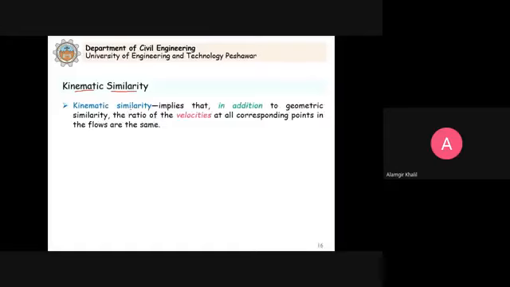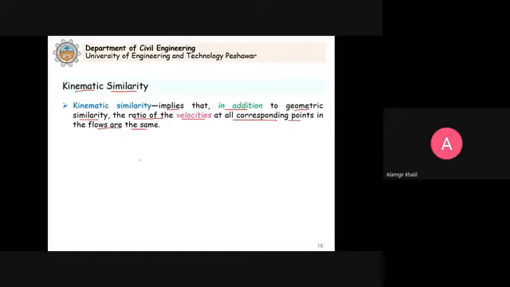Next, we talk about the kinematic similarity. So kinematic similarity implies that in addition to geometric similarity, the ratio of the velocities at all corresponding points in the flows are the same.